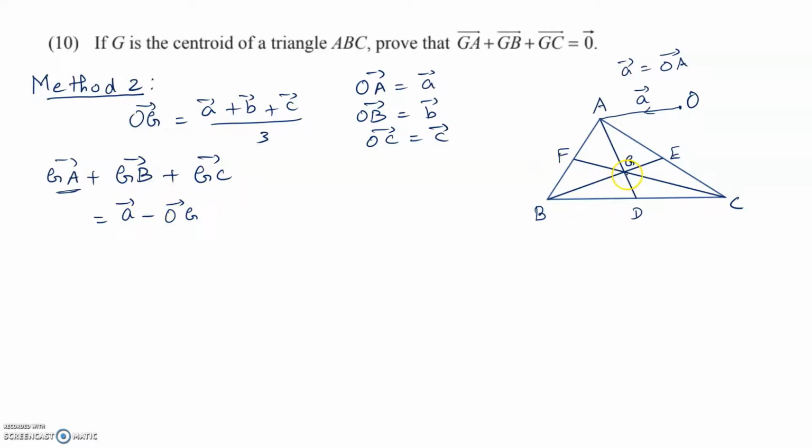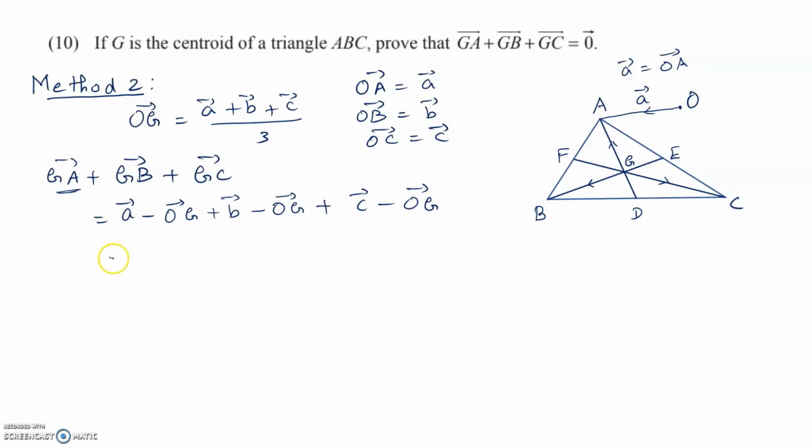Similarly, GB can be written as minus OG plus OB, which is B vector minus OG vector. Plus, we can also define this vector GC as minus OG plus C vector. So it's C vector minus OG vector. I hope that was clear.